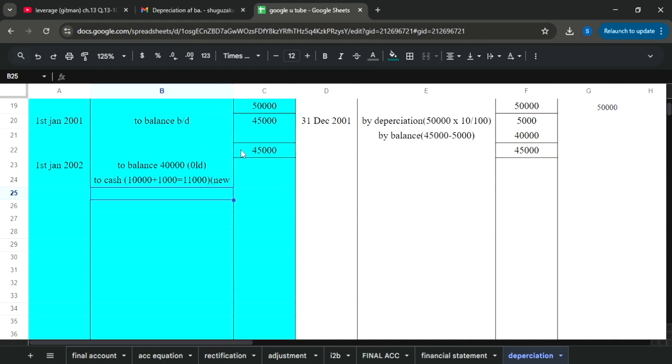One 40,000, this is your old balance, and 11,000 worth of machine, this is your new machinery just bought right now. So total balance we have, please note, 40,000 was your old machinery and then you have bought new machinery worth 11,000.